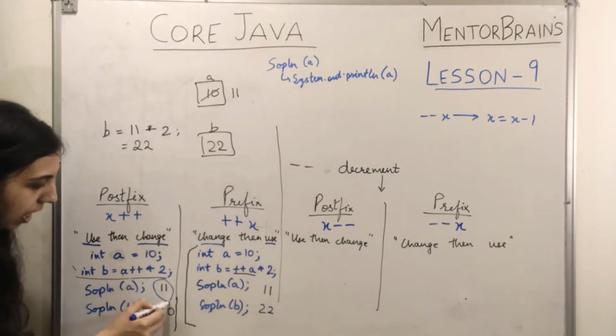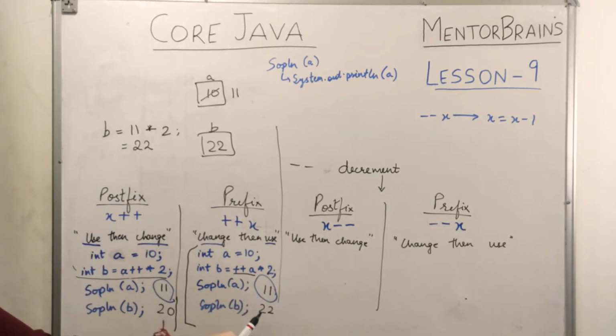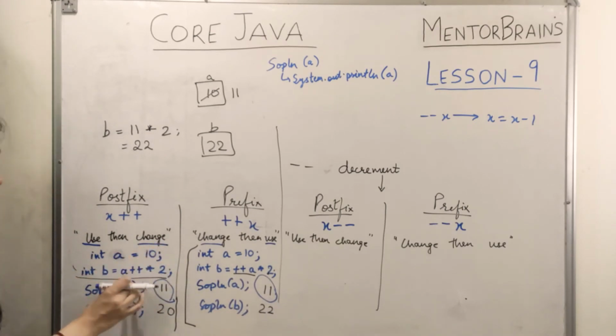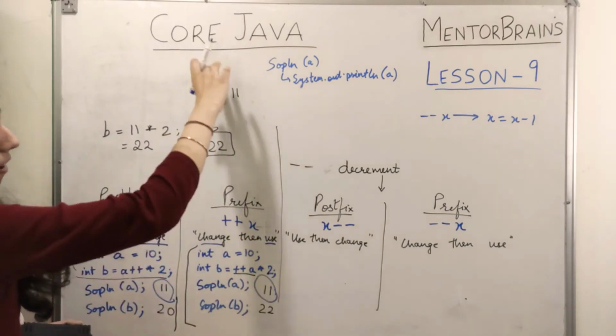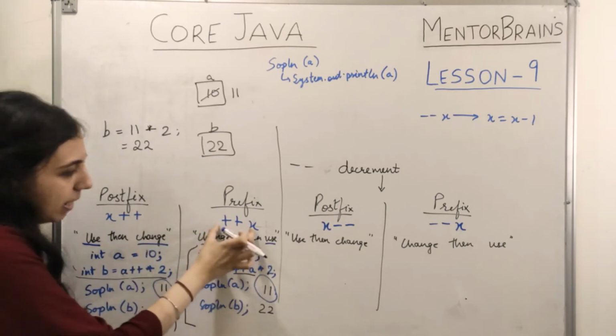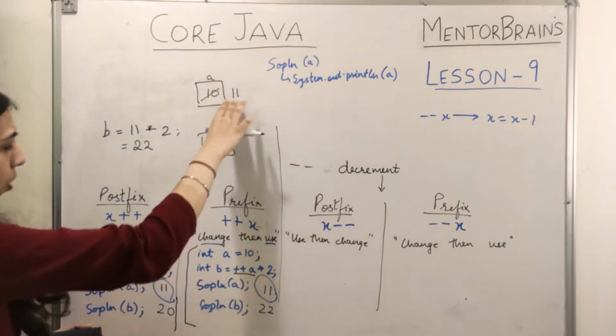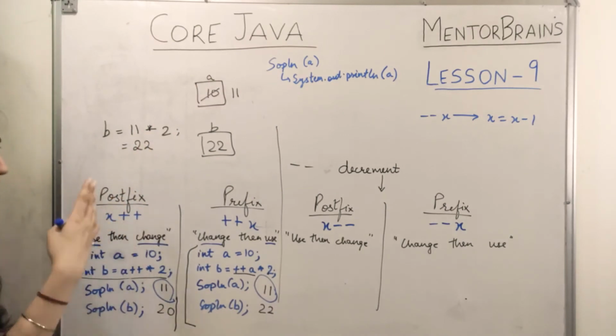The value of a in both of them remains the same, 11 in both. Basically if I'm not using the value a in any other thing, I'm just printing it, so we'll get the value as same, 11. So x++ and ++x, if used independently without using in any other operation, will result in the same value, either it is postfix or it is prefix.